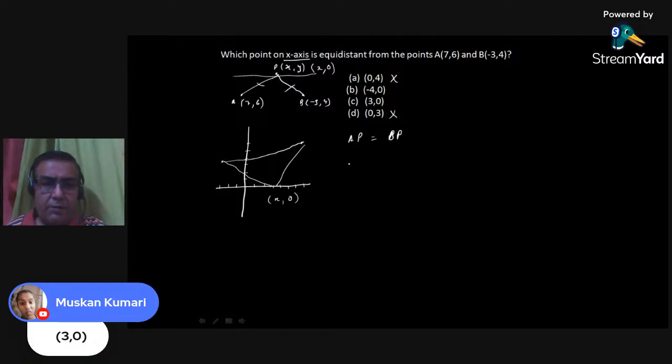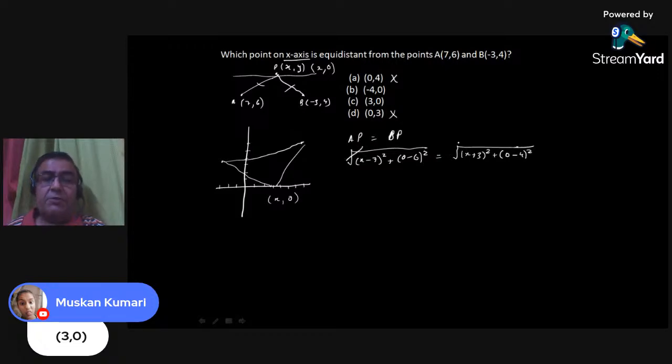AP would be the square root of x minus 7 whole square plus 0 minus 6 whole square, since y is 0, and BP will then be equal to the square root of x minus of minus 3, so x plus 3 whole square plus 0 minus 4 whole square.